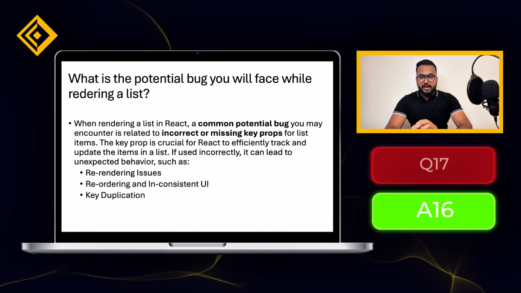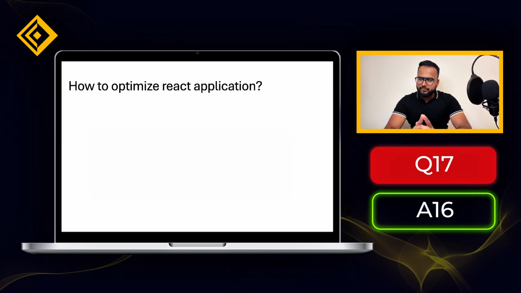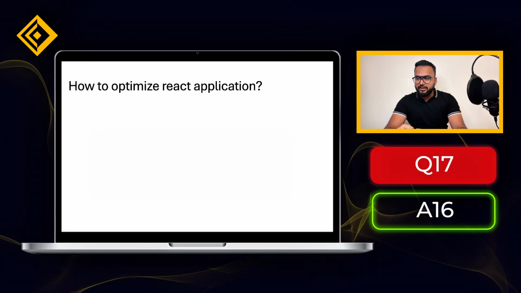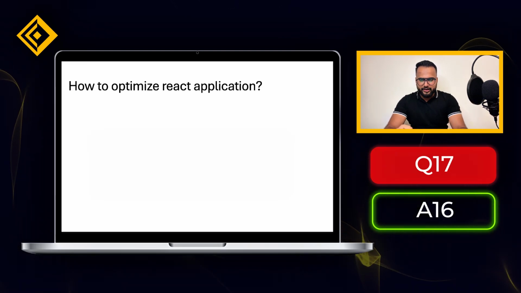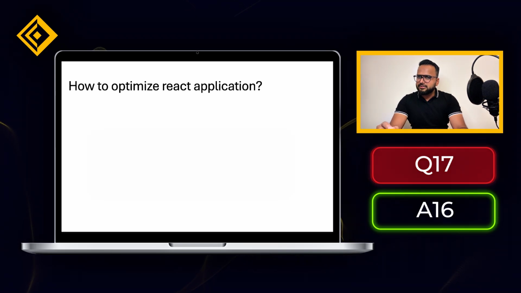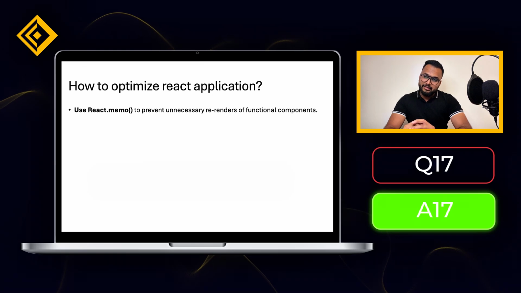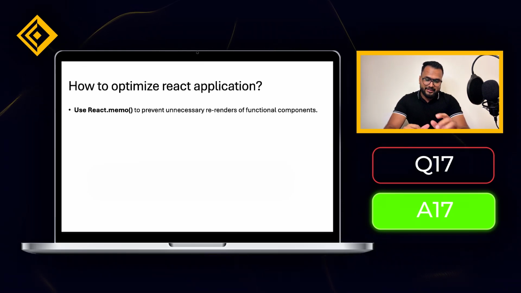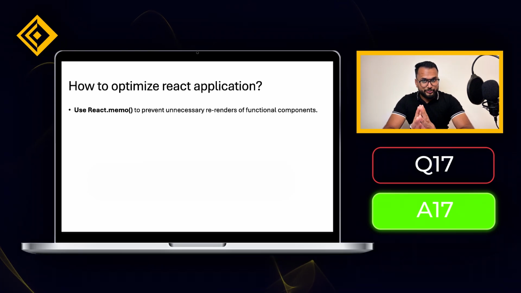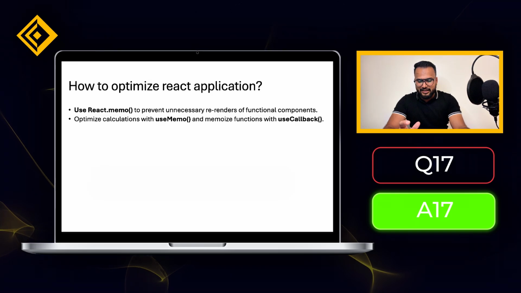Okay, after this, they will ask you how to optimize a React application, because you are done with re-rendering, list rendering and conditional rendering. You have already answered those. So how can you optimize the React application? There is a function named React Memo. We have already explained React Memo in detail in our React series. Other than that, you can use the useMemo and useCallback hooks to optimize and reduce the re-rendering of unnecessary elements.